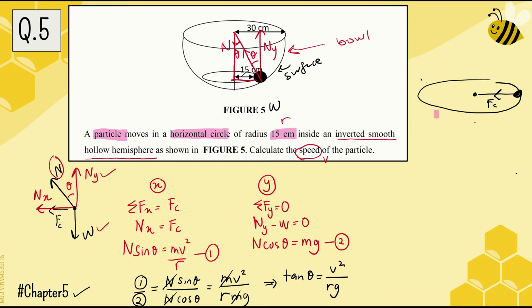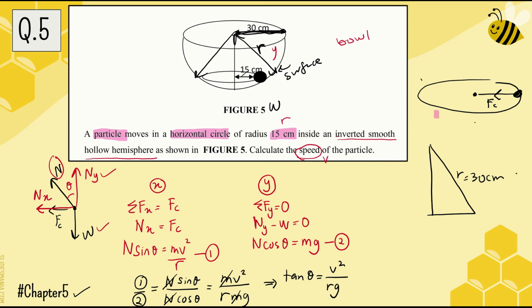Now we need to find our theta. You can actually find theta earlier. It's 30 cm here. Here is 30 cm. This is basically the radius. 30 cm is also here. So this is the radius of this hemisphere, 30 cm.